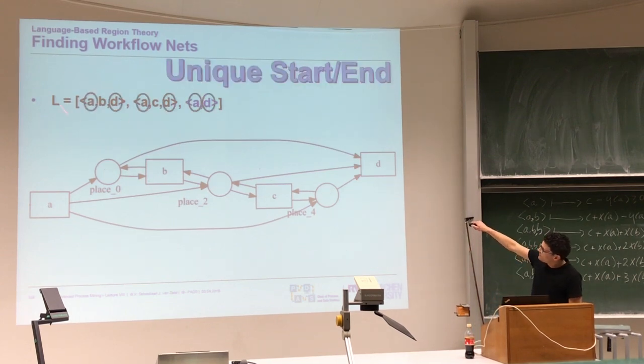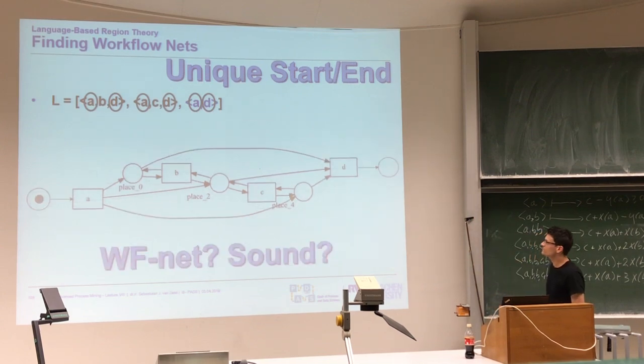In this specific event log, I have unique start and end activities. So what I can trivially do is add one place before A, being a source place with one token, and one sink place here.